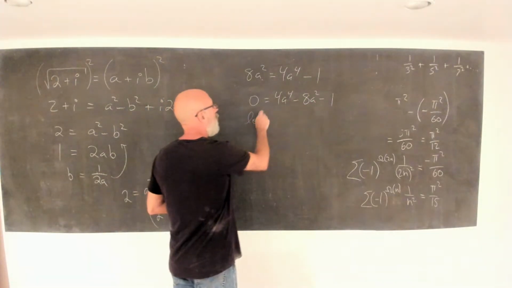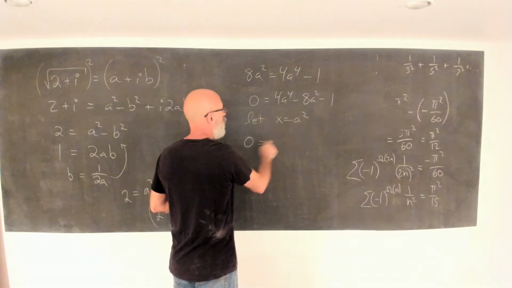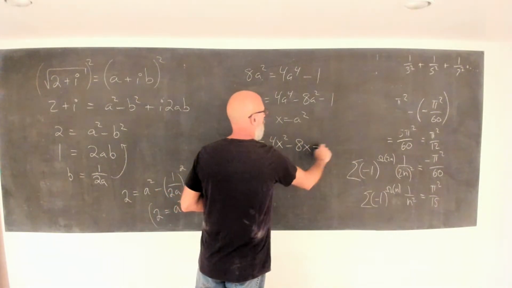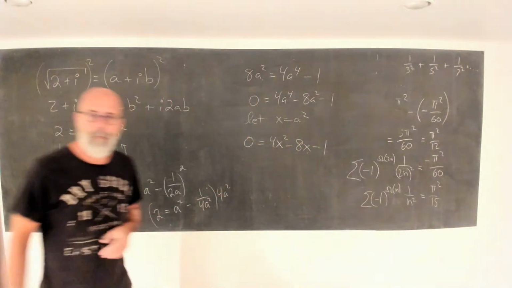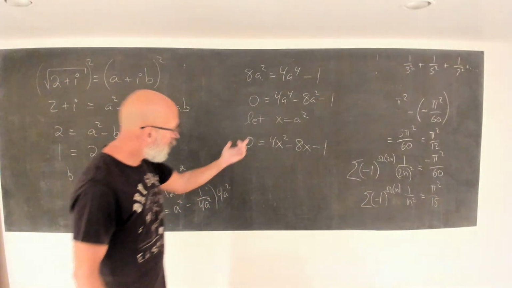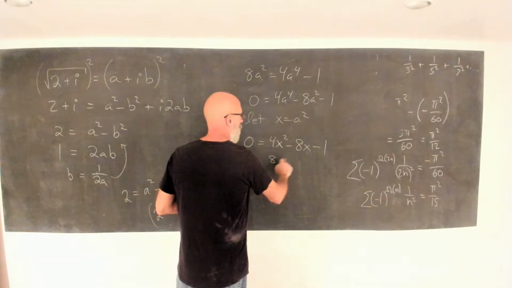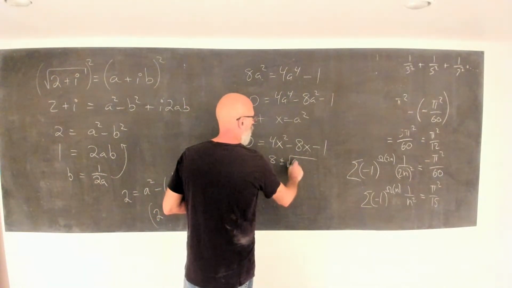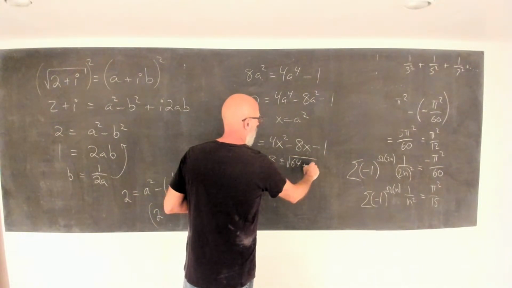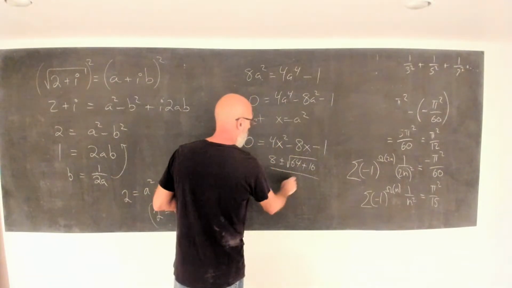If you let x be a squared, this becomes 4x squared minus 8x minus 1. Quadratic in x. So you can apply the quadratic formula, negative b plus or minus the square root of b squared minus 4ac, over 2a.